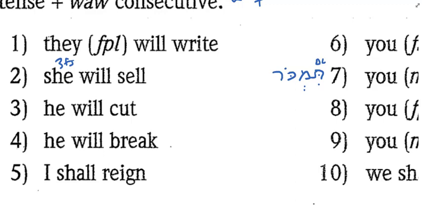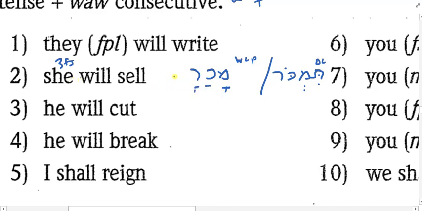Okay? Now, I want to create the future form using the WCP and not the imperfect. Now, how will I do that? Well, I first have to come up with the perfect conjugation form of selling. So makar is normally this, but if it's she, I need to add kamets to it.